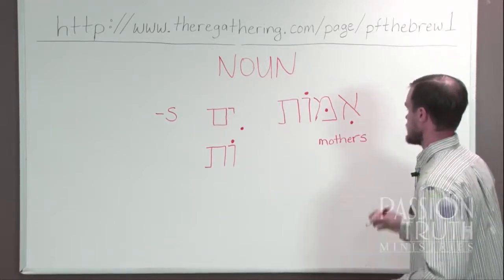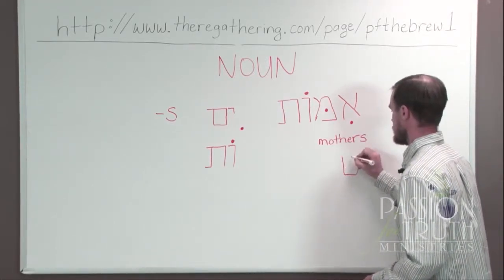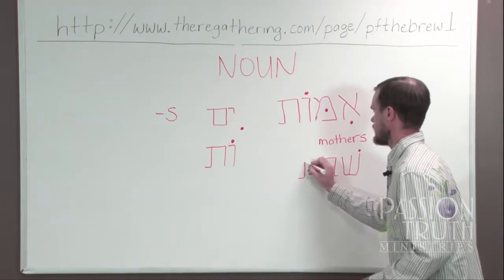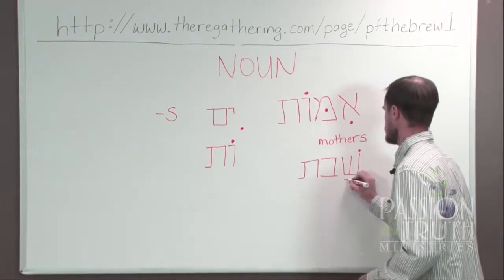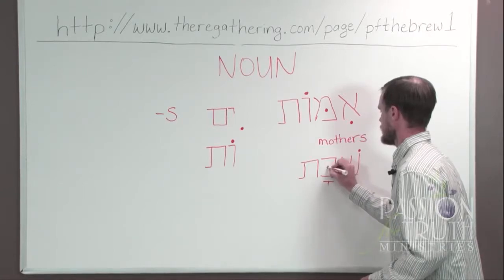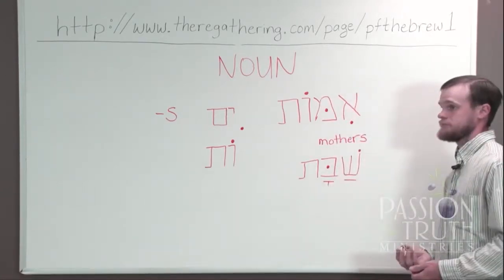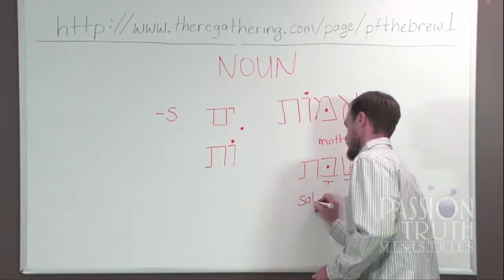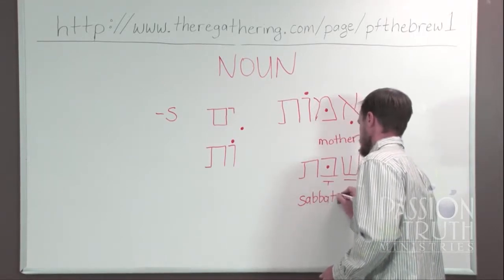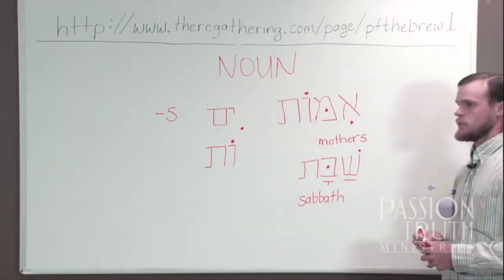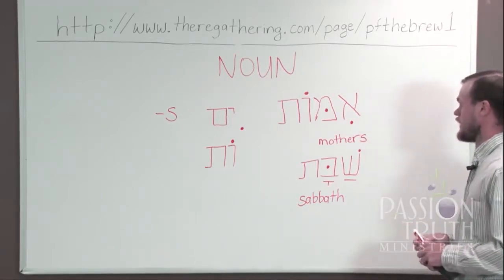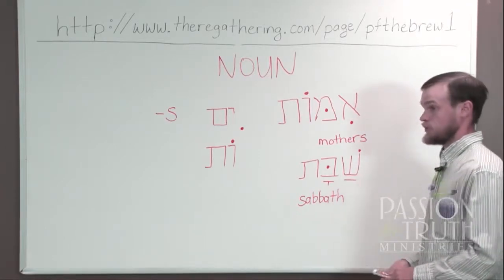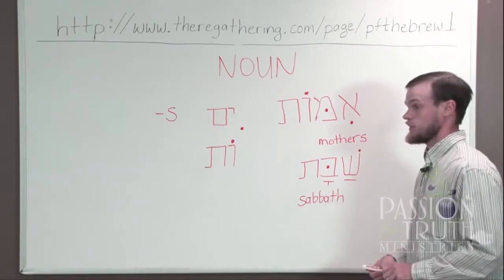Okay. Similarly, another example, shin, beit, tav. Okay. Shabbat. Okay, Shabbat is Sabbath. Okay, but it's one Sabbath, Shabbat. It is a feminine noun, and it is singular. If we wish to make it plural, we have to add the feminine plural suffix.